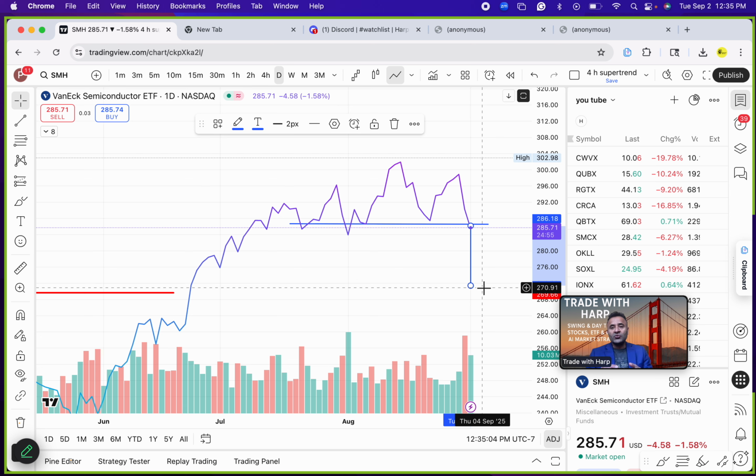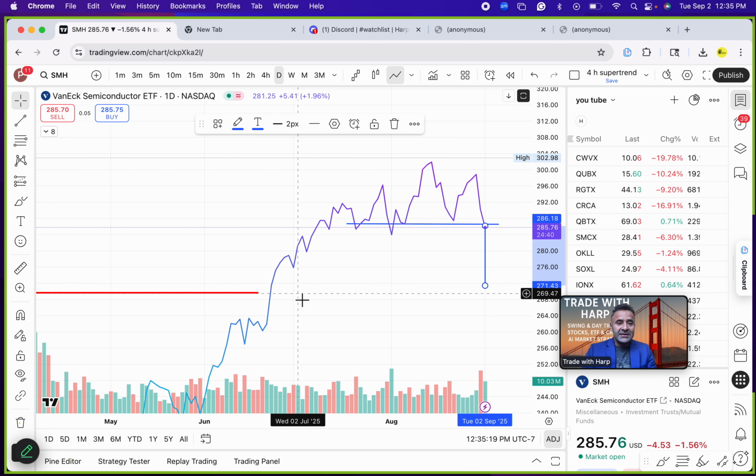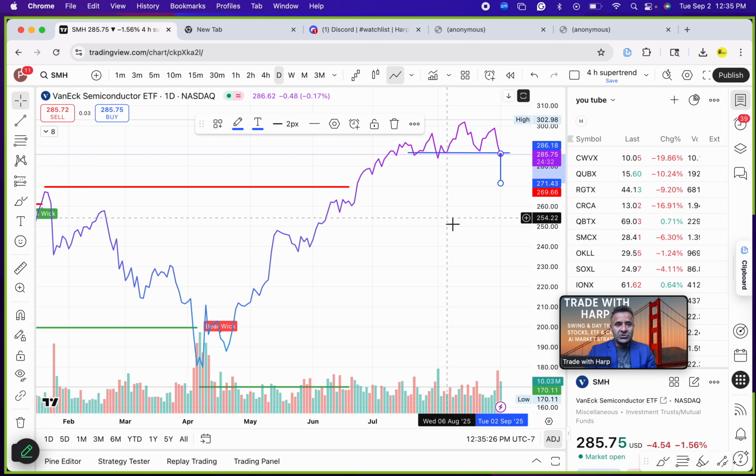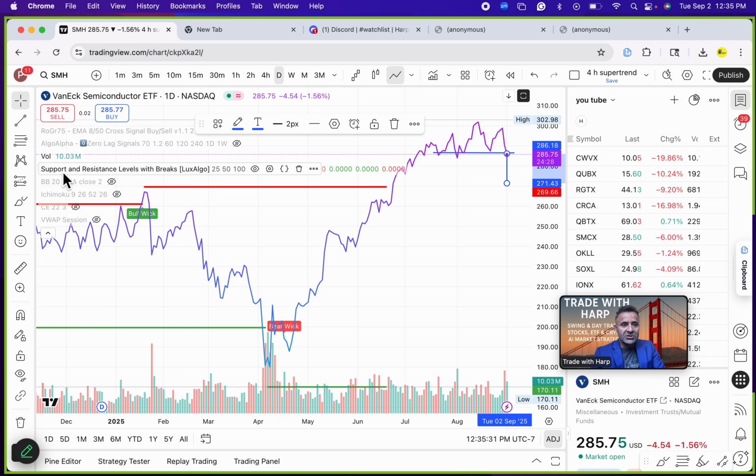As I said, I do chart analysis on the basis of trend lines, as my mentor from Wall Street taught me. So I use a trend line, and also support and resistance. This red line comes from an indicator called Support Resistance Level with Breaks by LuxAlgo, but I always change the settings so I will not get false signals.